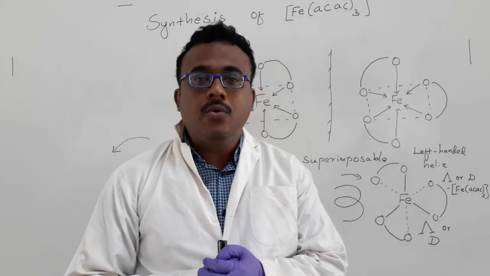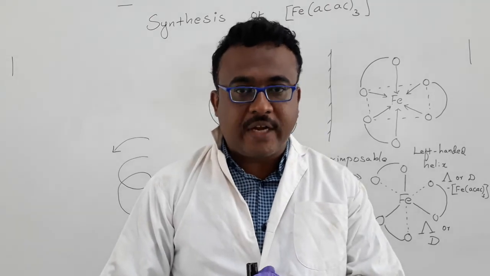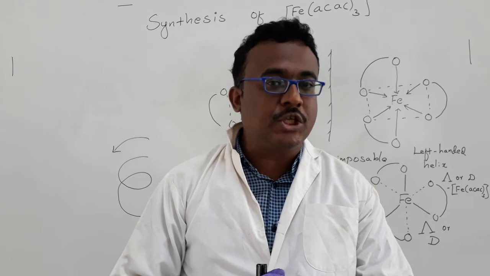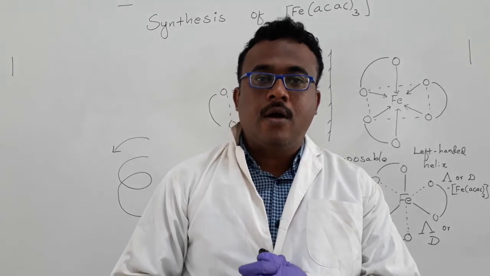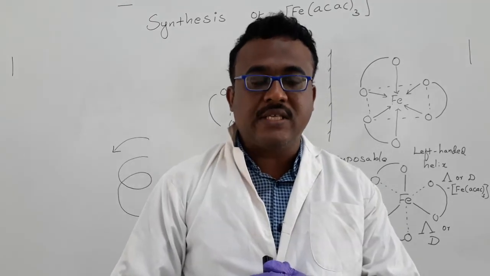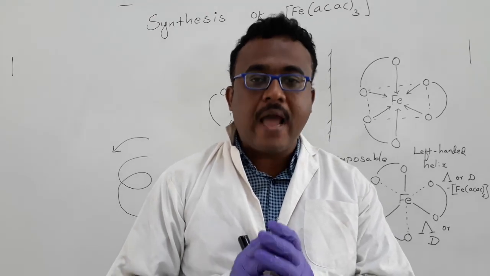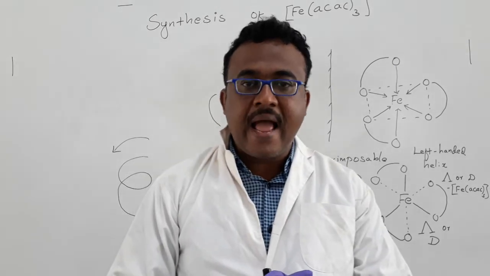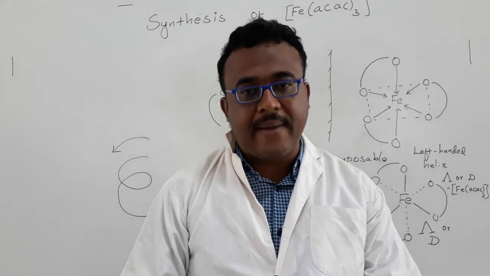Now I would like to conclude this lecture. Today I have demonstrated the synthesis of the tris(acetylacetonato)iron(III) complex. The experimental magnetic moment value confirms that the iron center has 5 unpaired electrons, and the ligand acetylacetonate acts as a weak field ligand to form a high spin complex.